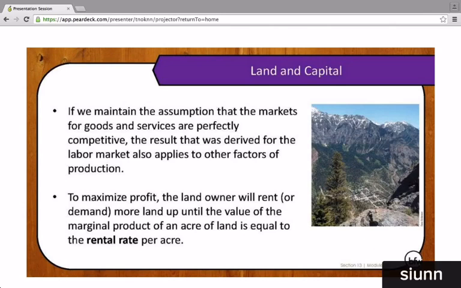To maximize profit, a landowner will rent or demand more land up until the value of the marginal product of an acre of land is equal to the rental rate per acre. Or an owner of capital will rent more capital until the value of the marginal product of that capital good is equal to the rental rate for that unit of capital.